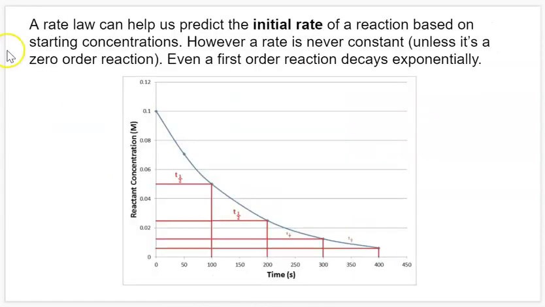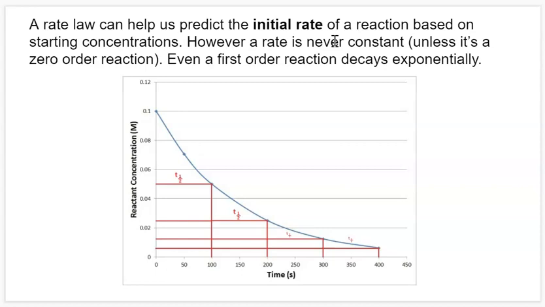All right, so a rate law can help us predict the initial rate of reaction. I mentioned the idea of an initial rate earlier when I was introducing rate laws, because the initial rate is something that you can just measure roughly. It gives you a good rough estimate of what's going on. But the rate law doesn't tell you what the concentration of any component is going to be at any point in time during the reaction.